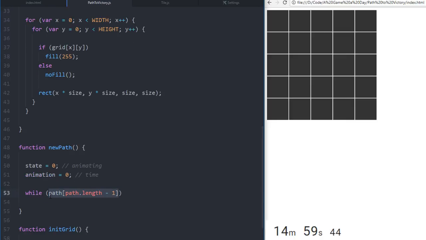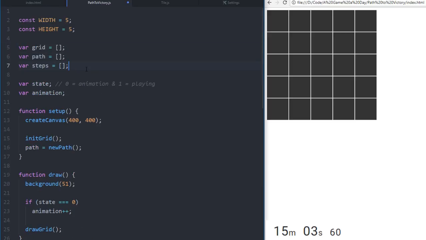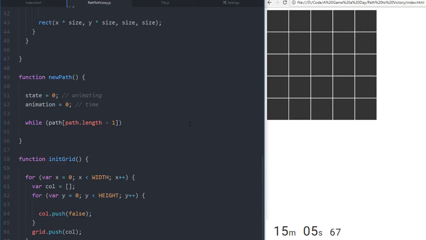Yeah, well, no, we do need a path in order for the animation. Dot x equals 0. No, it's just the y equals 0.